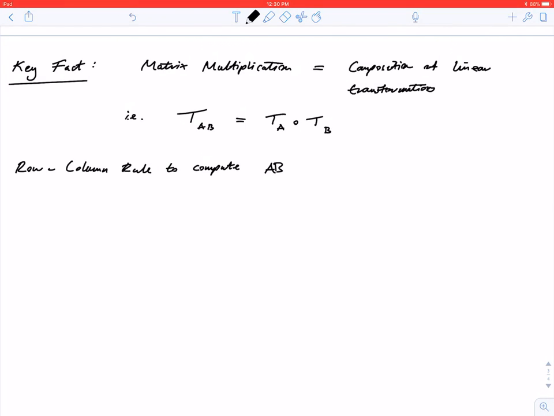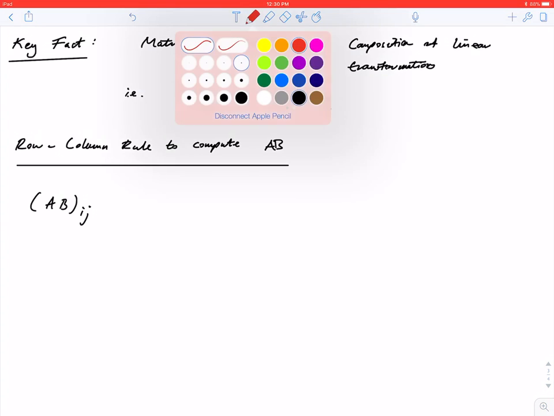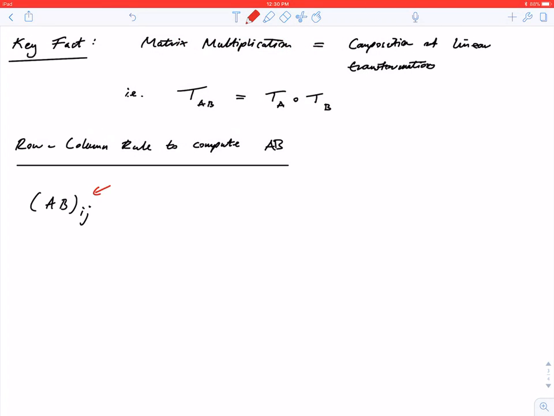So how do I work out the entries of AB without having to go through this gruesome procedure? It's not going to be so bad. If I have the product AB and I want the ijth entry, this is my notation for the ijth entry. Remember, that means you're in the ith row and the jth column.